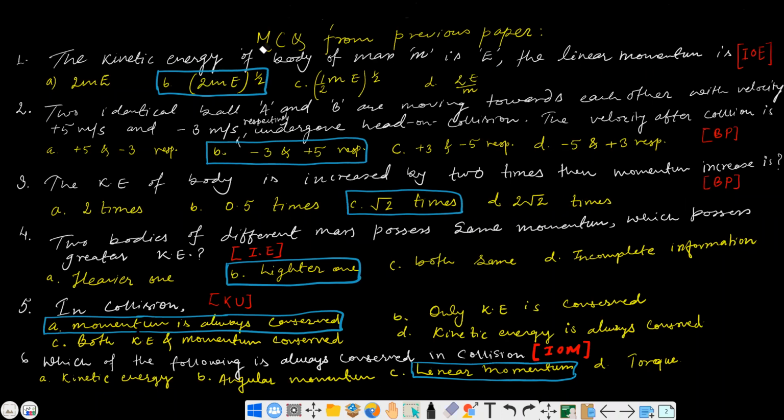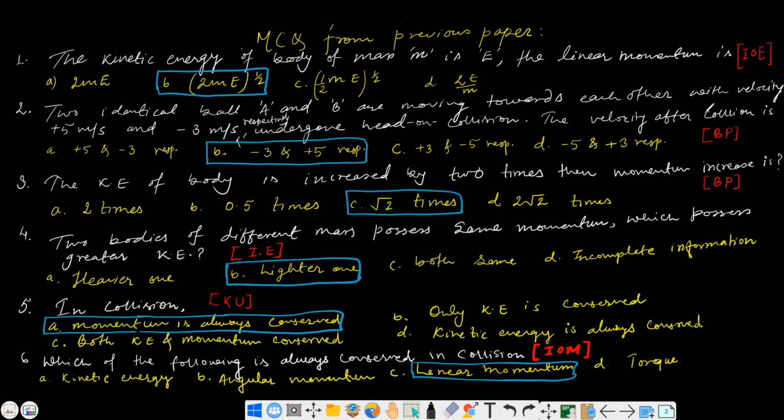ओके, सो लेट अस मूव अन टु सेकेन्ड नम्बर. Two identical objects, balls A and B, are moving towards each other with velocity 5 meter per second and minus 3 meter per second respectively. They undergo head-on collision.